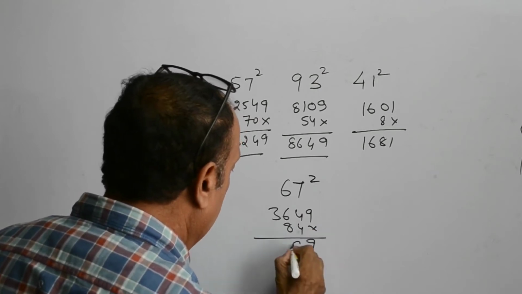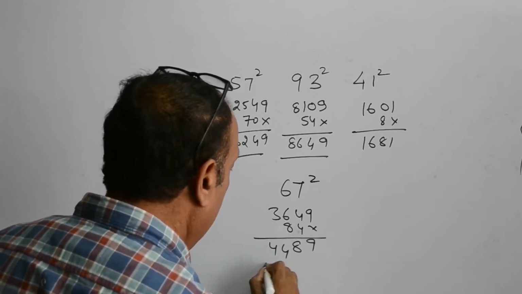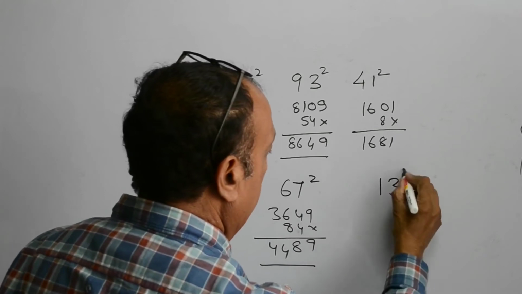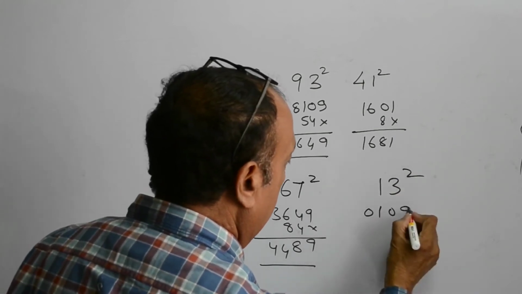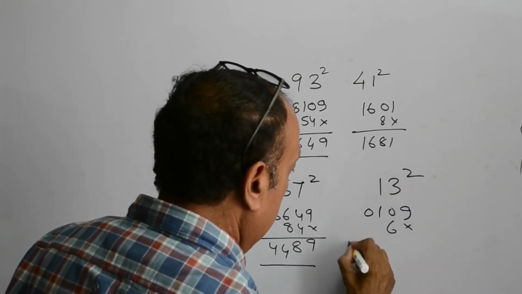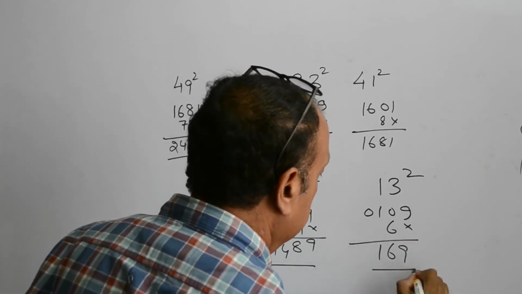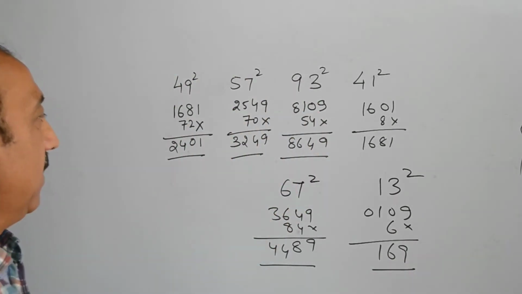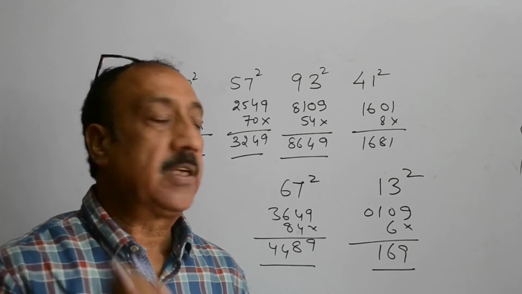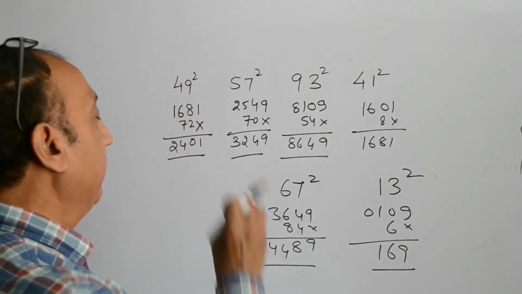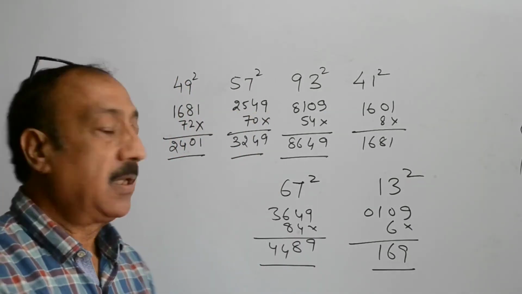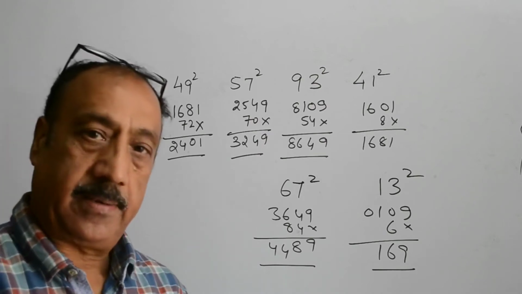So 9, 8, 4, 4. 13 square is 0, 1, 0, 9 and 6. So 1, 6, 9. So we can take the square of any two-digit number very easily with the help of this efficient method.